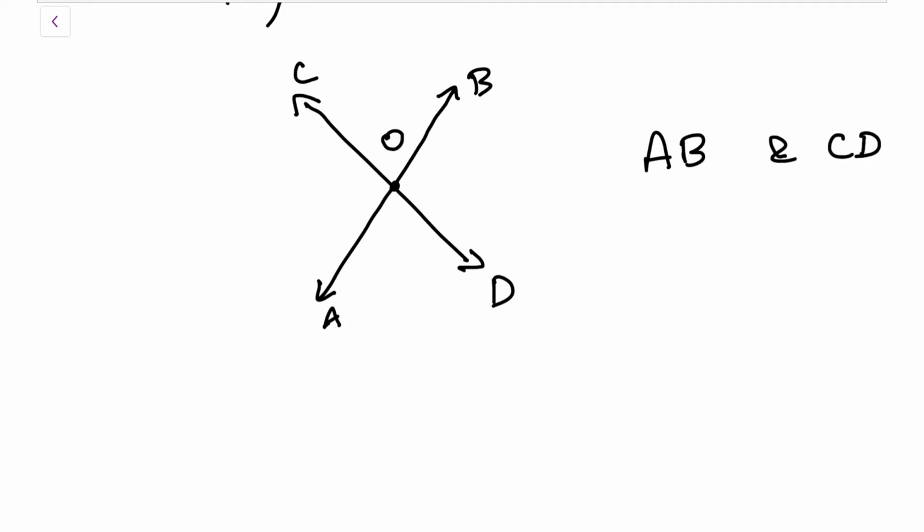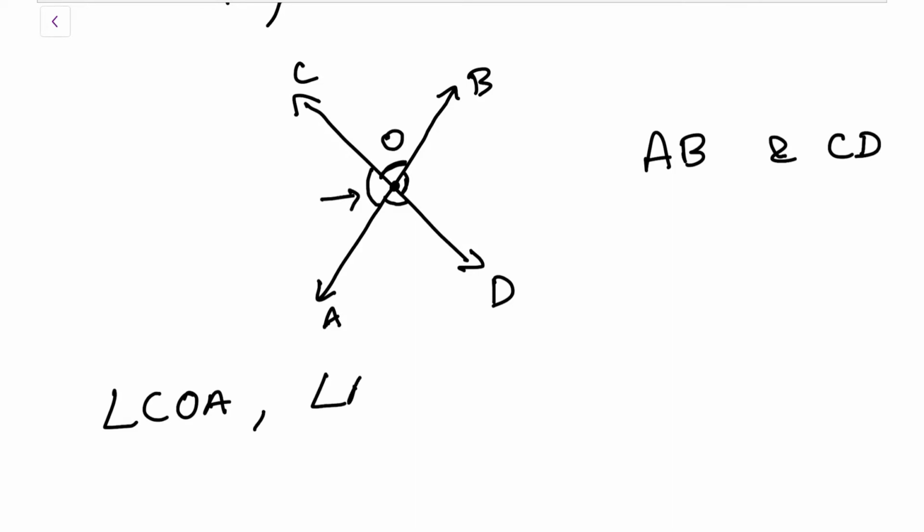That's right. We have one angle here. You see? Another angle here. Another angle here. And another angle here. As you can see, there are 4 angles that are formed. So, the angles that are formed are angle COA. Angle COA is this one. Okay.